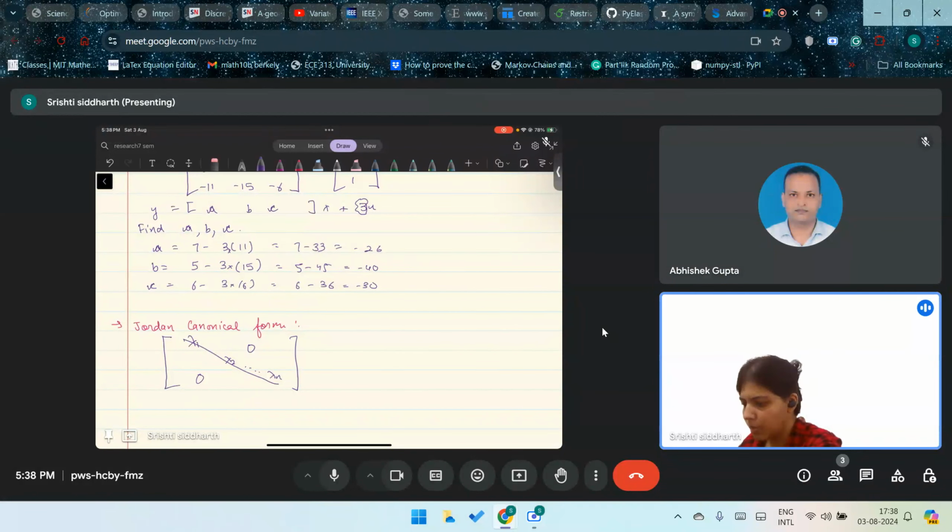And this canonical form follows directly from the partial fraction expansion of G(s).